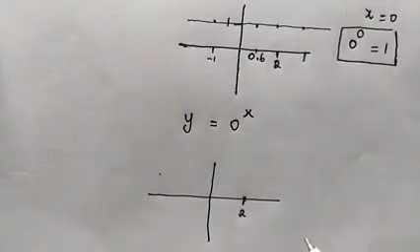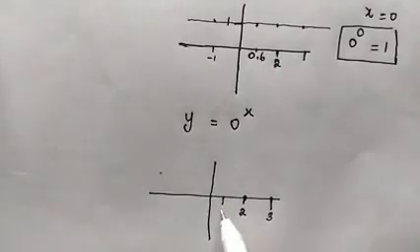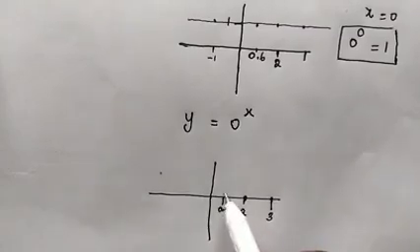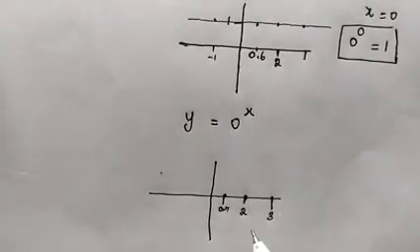You get the idea? When x is equal to 3, the corresponding value for y is going to be 0 as well. When x is equal to 0.7, the corresponding value for y is going to be 0, because 0 to the power of 0.7 is 0.